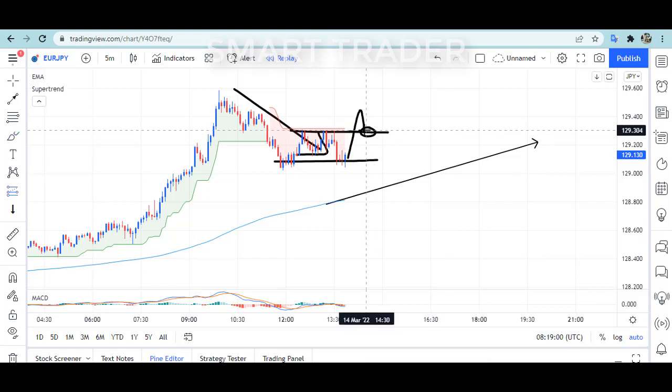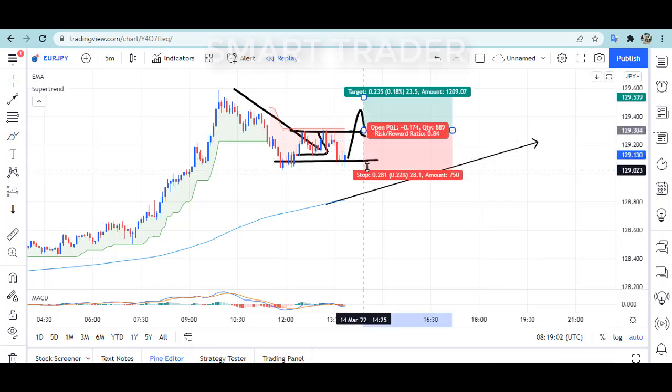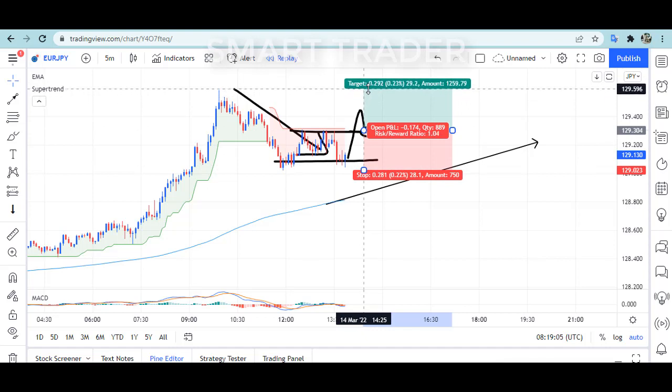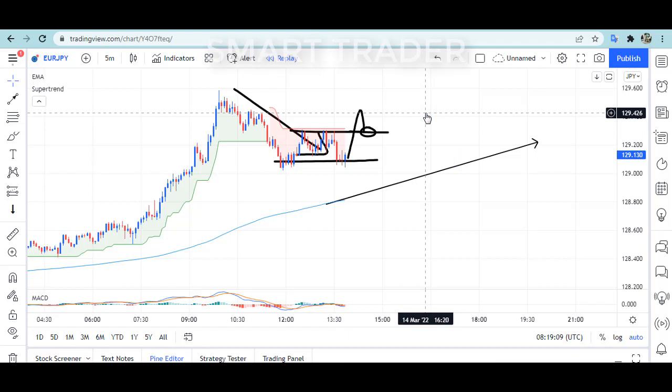We go long from the price breakout of the trading range, risk and reward at least 1 to 1. You need to identify a trading range because it means a transition phase. When you cannot identify the transition phase, you skip the trade.